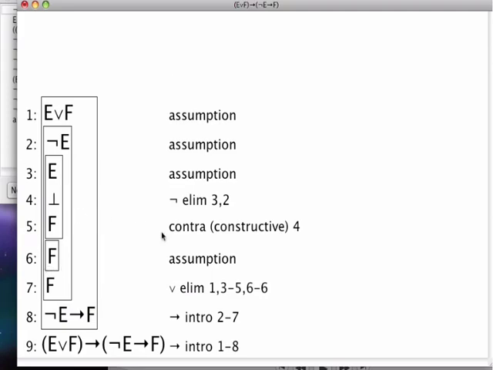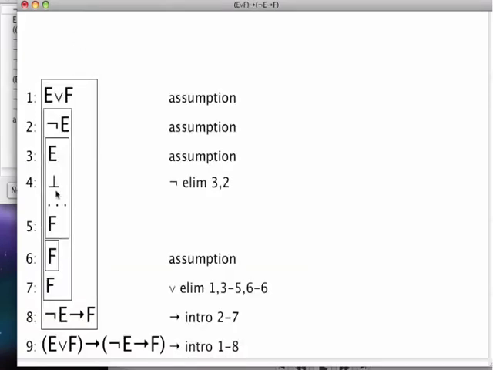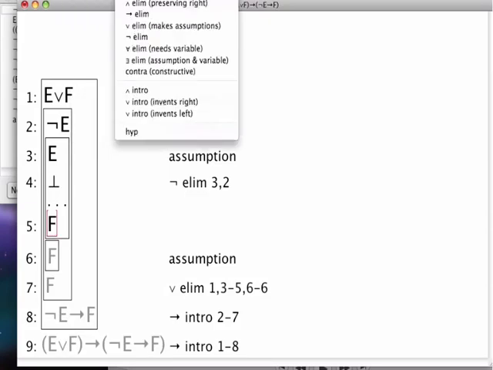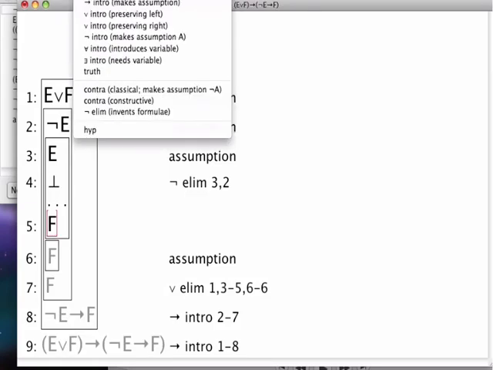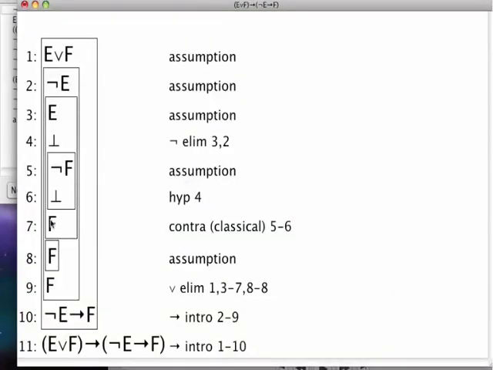But suppose we want to do it without the constructive contradiction rule. Just so, I will undo the last step. So now we want something slightly different here. We want to argue F, but let's do the classical contradiction instead. The classical contradiction: we simply want to argue F. Okay, let's assume we have not F, and then we want to get a contradiction.